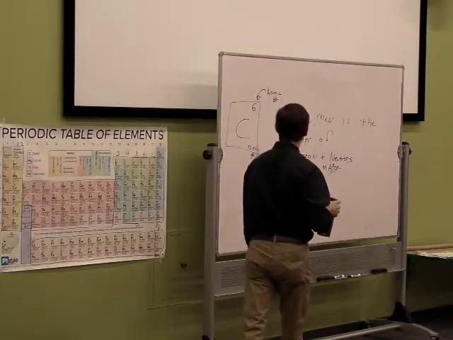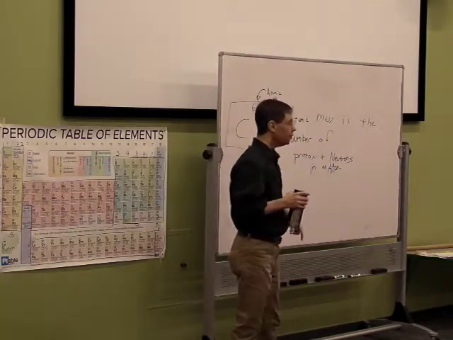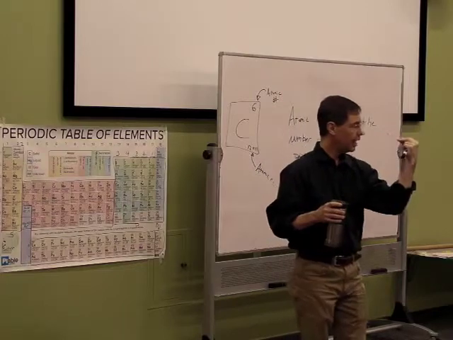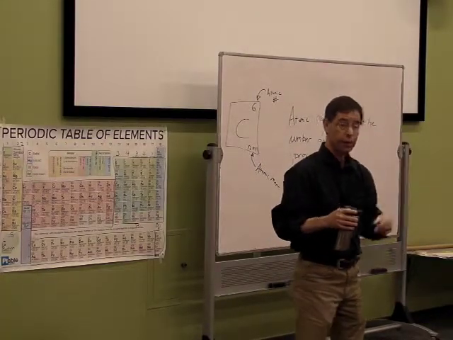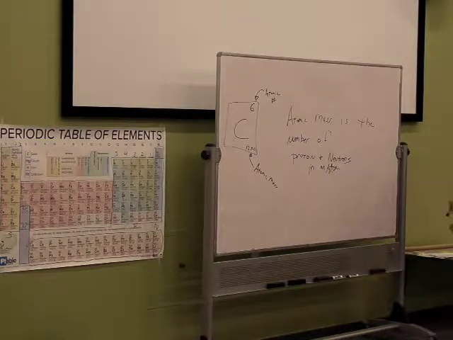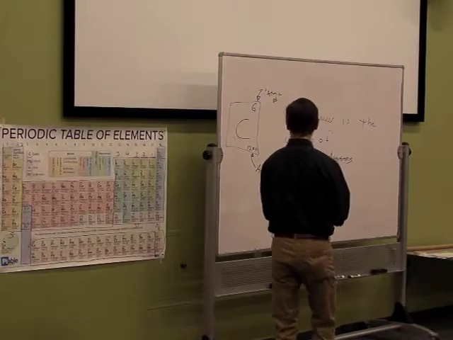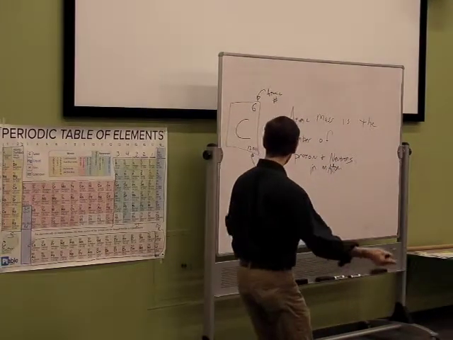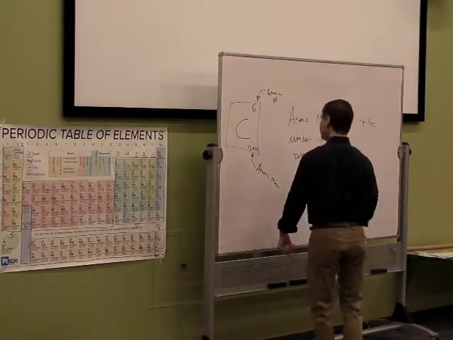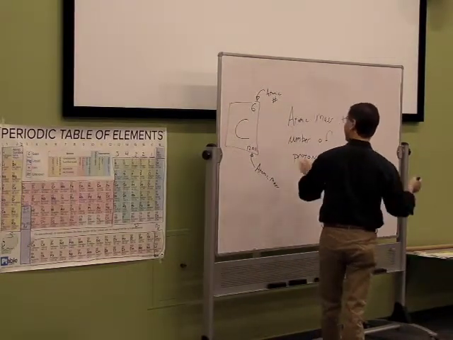All right, so moving on. So the atomic mass is the number of protons and neutrons in an atom. So you may be asking yourself, how do I know how many neutrons are in an atom? That's an excellent question. Turns out it's very simple to know. It's what we like to call subtraction.